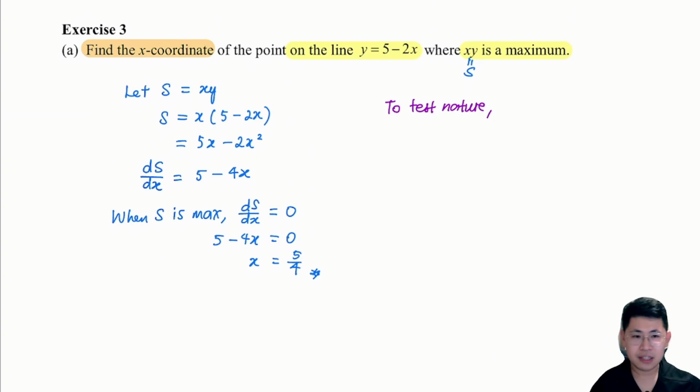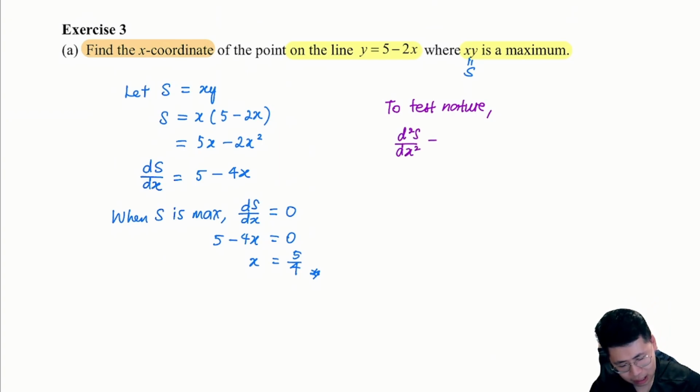If you prefer the first derivative test with the table, up to you. For me, this expression can be differentiated very easily. So over here, I will look at d2s/dx squared. If I differentiate one more time, it's just negative 4. And this one is going to be less than 0. So because of this, x equals to 5 over 4 will make xy maximum.